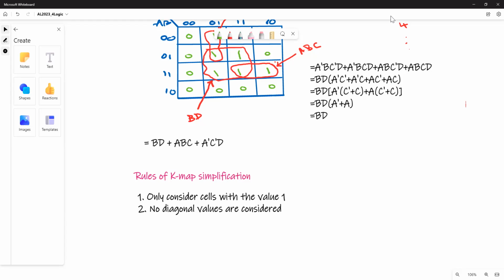This is possible. Vertically, that is possible.